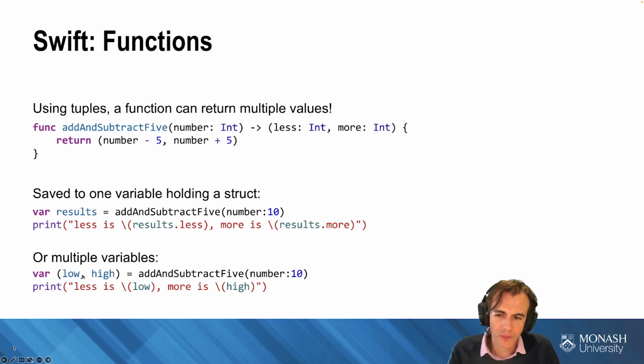So we can write syntax like this and then just refer to the two values, which can be quite useful. Here's an example of us making a function call, and you can see that we're specifying the parameter here, like I talked about on the previous slide.